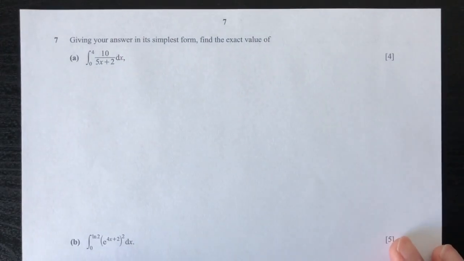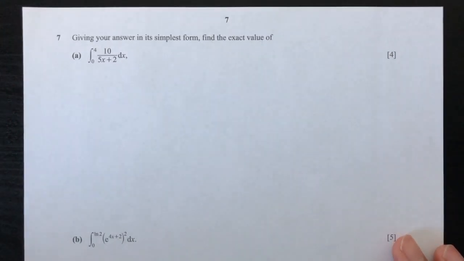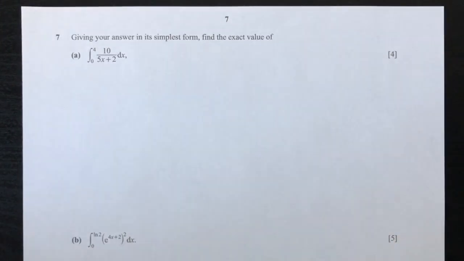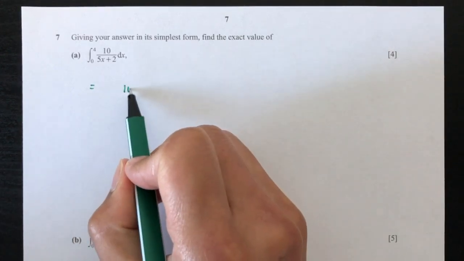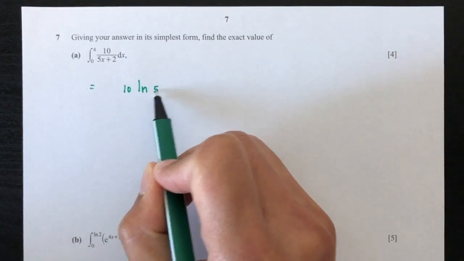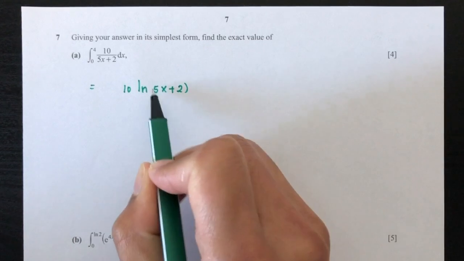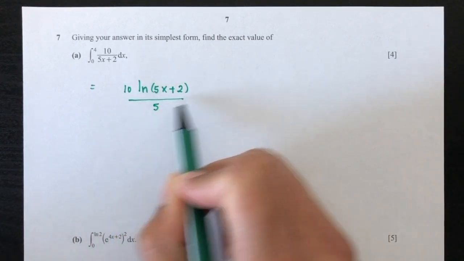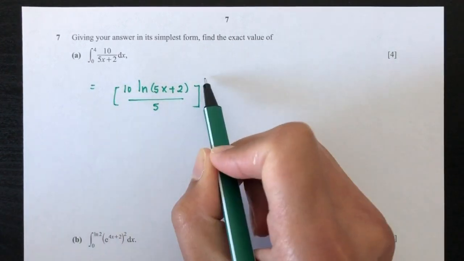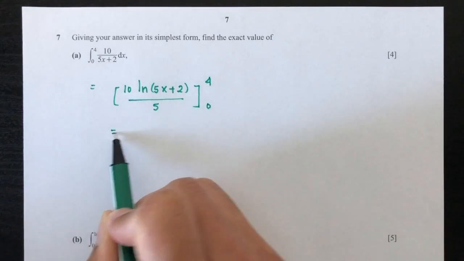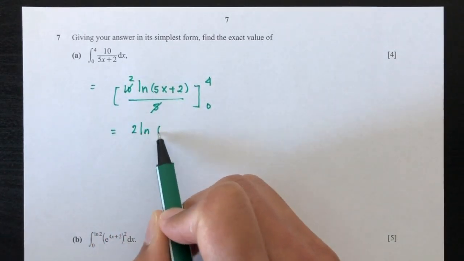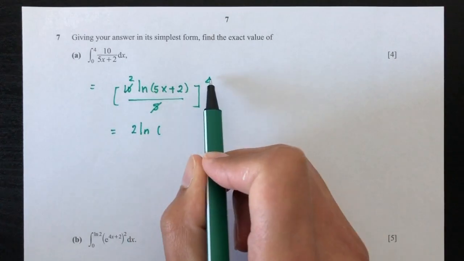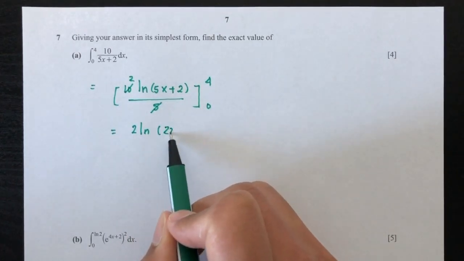Let's move on to question number 7. Giving your answer in its simplest form, find the exact value of this. So pretty easy. You should know that this is equal to 10 ln of 5x plus 2 divided by 5. And then we have limits of 4 and 0. So this becomes 2, so we have 2 ln. That will be 4. 5 times 4 is 20. 20 plus 2 is 22.